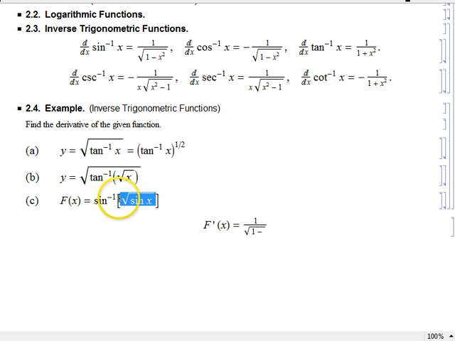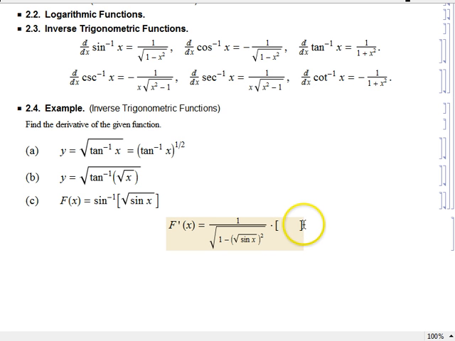Instead of x we have to use whatever that was, the inside. That's the essence of the chain rule. So we have square root of sine of x, total quantity squared, is what you're going to get as the outside function, and then multiply the derivative of the inside.